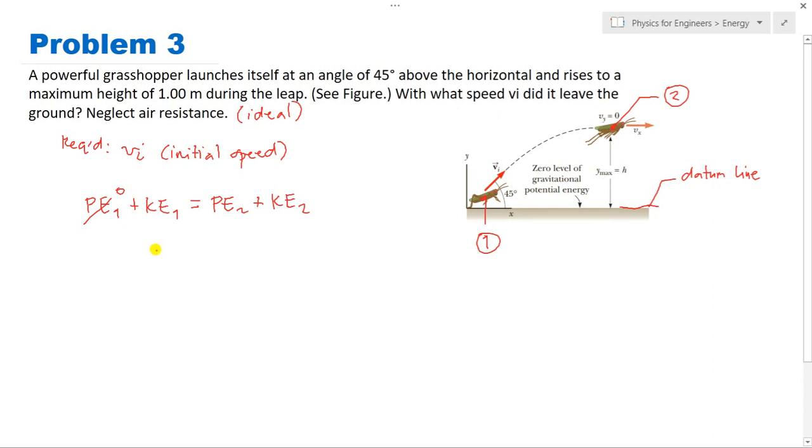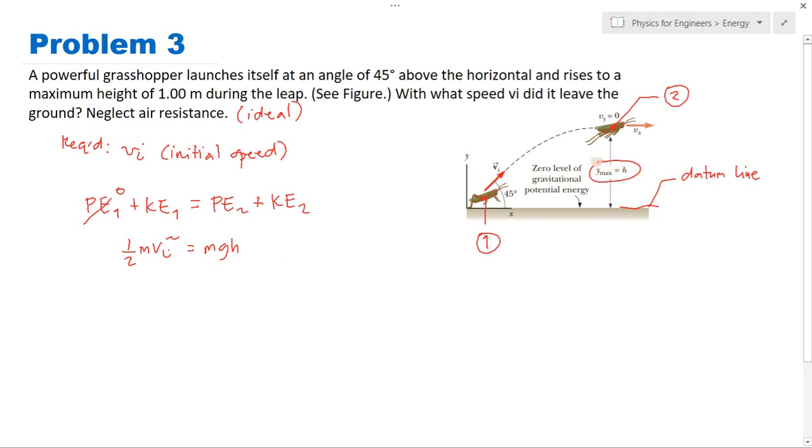How about kinetic energy? Of course, we have kinetic energy because it has initial velocity. So we can say that is 1/2 m vi squared. How about the potential energy at state 2? Since it already achieves elevation, that would be equal to mass times gravity times h, where the maximum height is h.